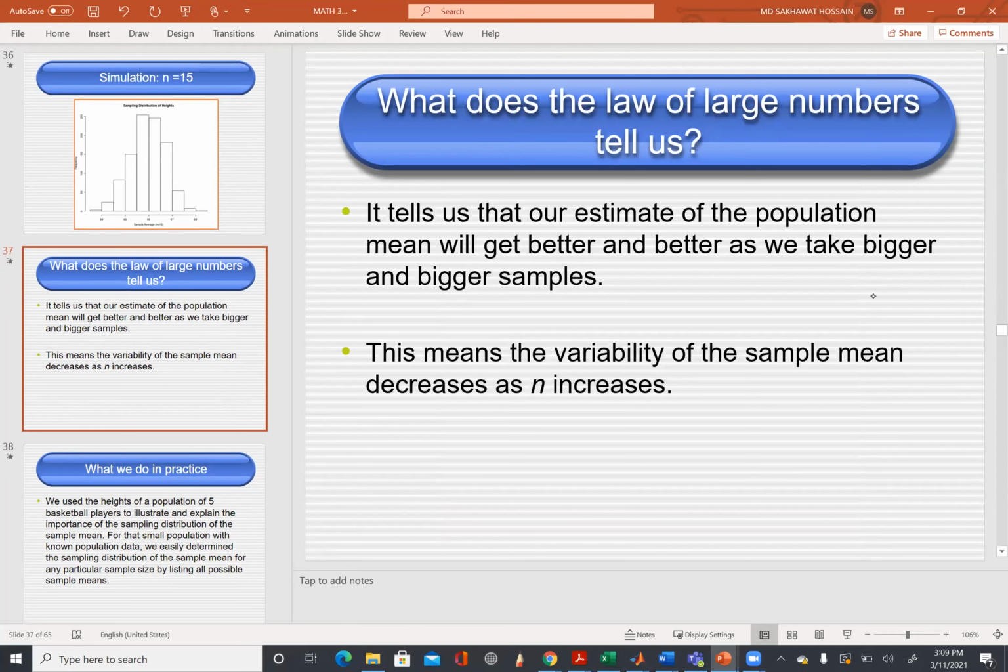And you have already seen that if you take a large sample, then the estimate of the population mean will get better. This means the variability of the sample mean decreases as n increases. So if you increase the sample size, the variability of the mean will decrease.